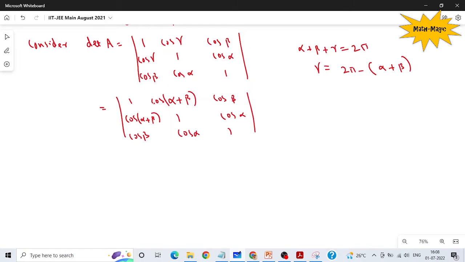Now in place of cos of (alpha plus beta), we are going to use the formula of cos of (a plus b), which is cos a cos b minus sin a sin b.